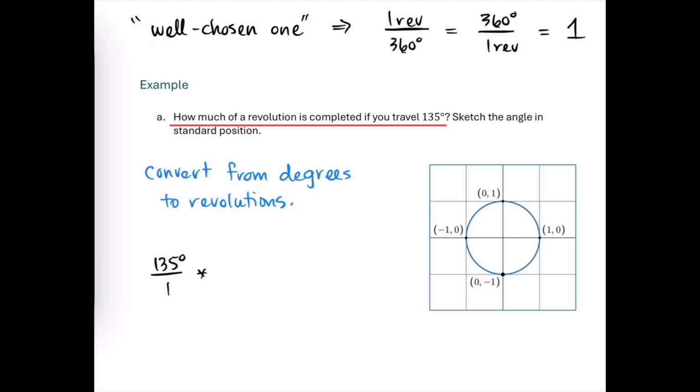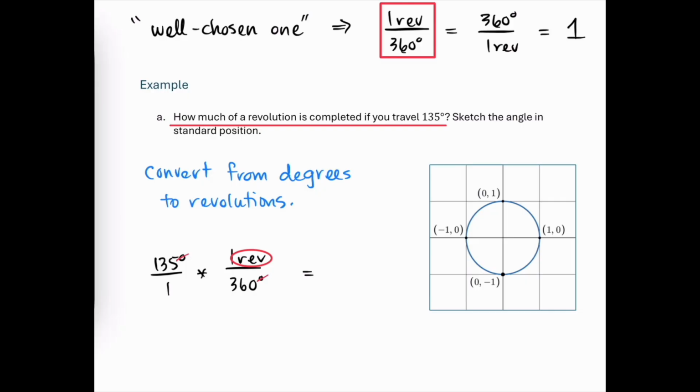Now to get degrees to cancel out and to land with revolutions as the unit that remains, we'll need to multiply by this version of our well-chosen 1. So we'll multiply by 1 revolution over 360 degrees, and again, this ratio has a value that's equal to 1. So we're not changing the value of the angle that we originally started with. But choosing this multiplier enables us to cancel the units that are degrees and end up with the remaining unit of revolutions.